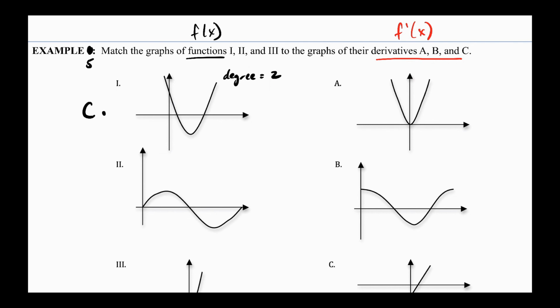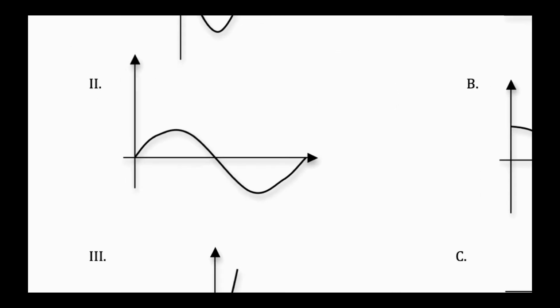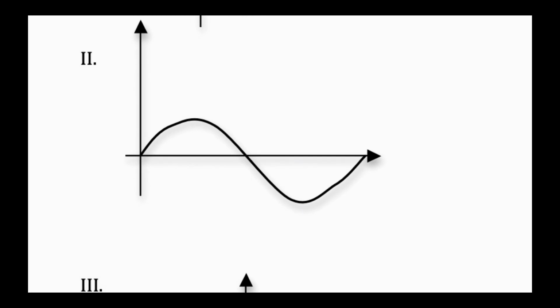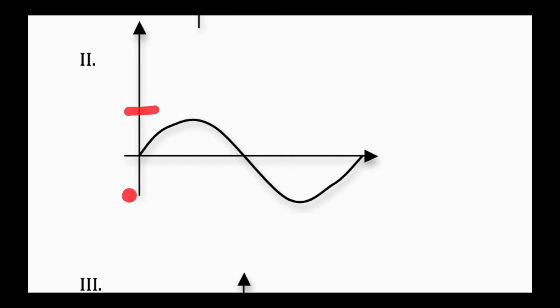Okay. Let's look at number 2. Now, number 2 is not quadratic, but it looks similar to something you've seen before. What does that look like? Looks a lot like sine, some variation of sine. We don't know how high it goes or how low it goes, but it looks like the sine curve.